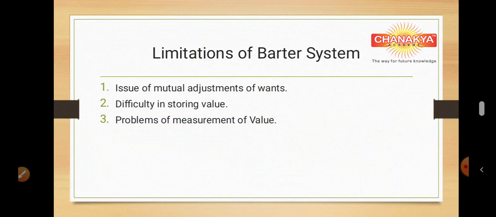Yes. The first one is the issue of mutual adjustment of wants. For example, if I want to purchase a textbook from my friend who has 3 different copies of the same textbook, that means she has an excess of the textbook.